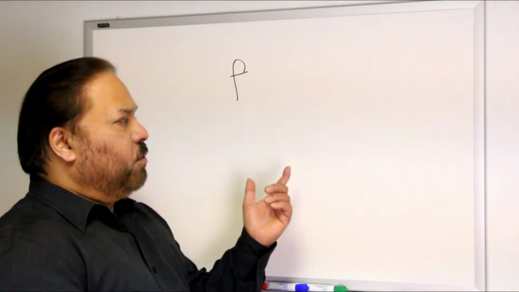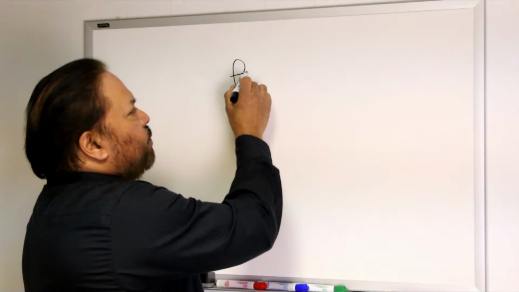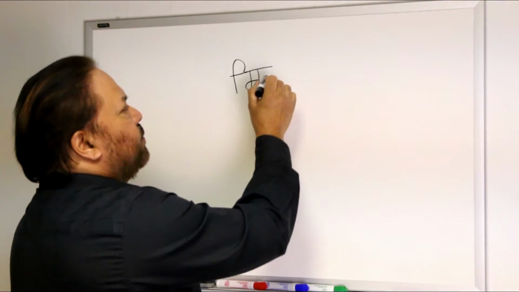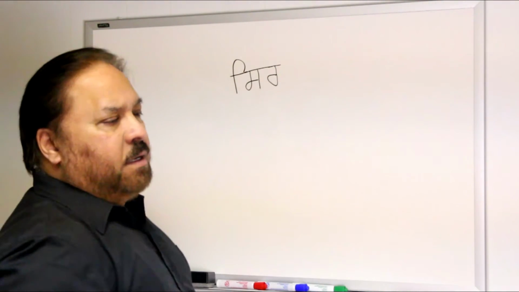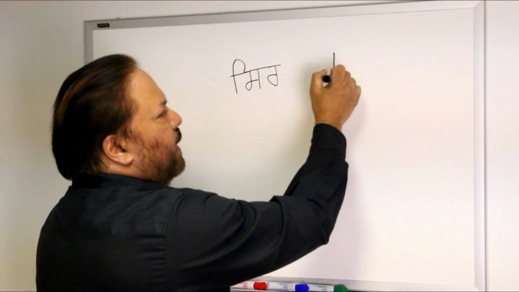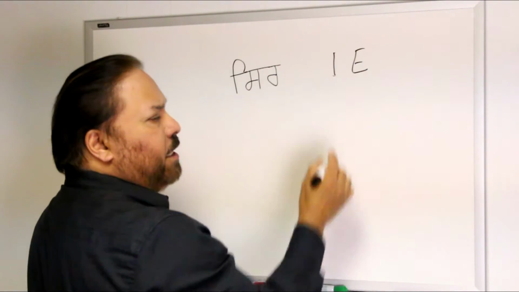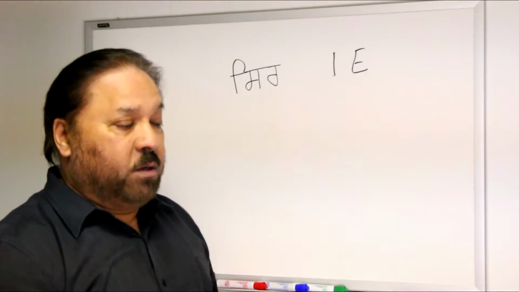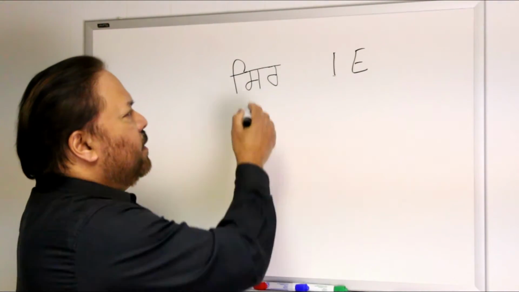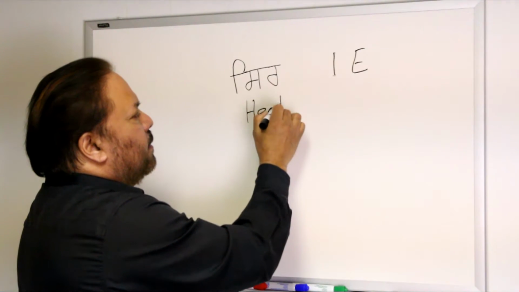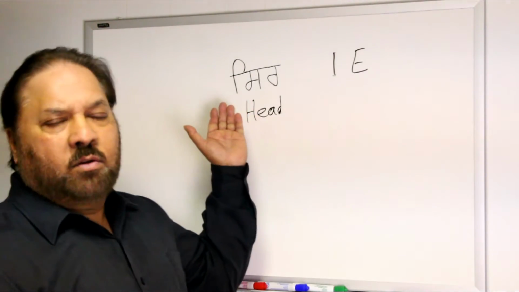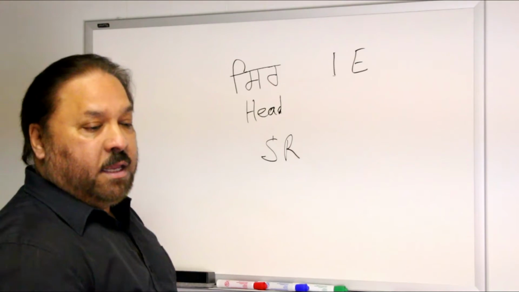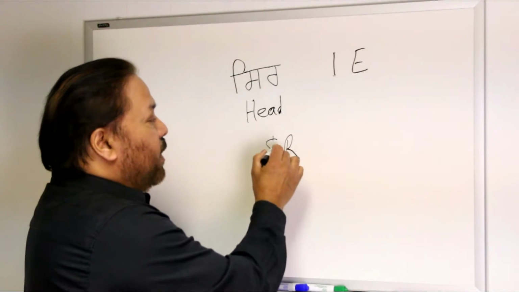For example, we wrote before sar. Sasa is for S. Sihari is used for the sound of I or E. For example, if we want to write sir, which is head in Punjabi, sasa will be for S and rara for R. In English, if we write sir, we write S-I-R.